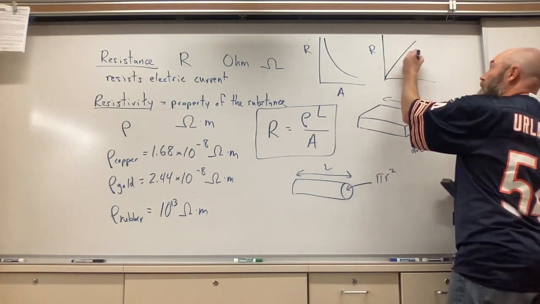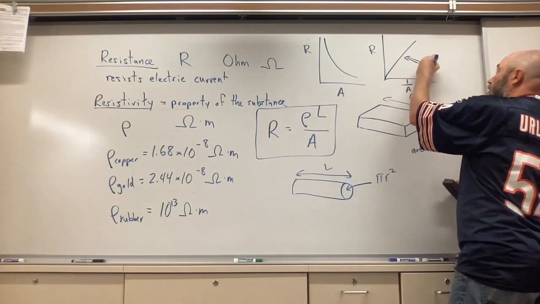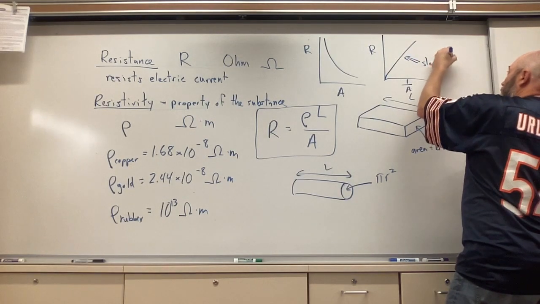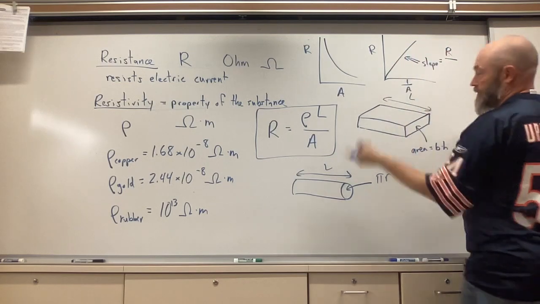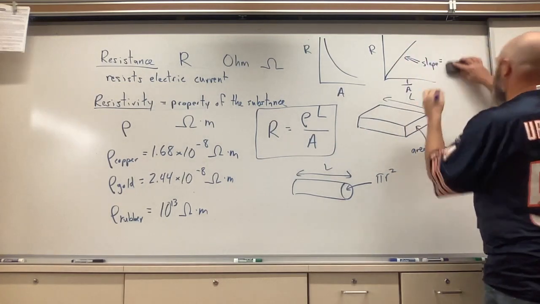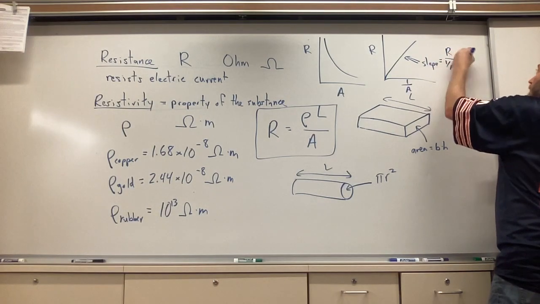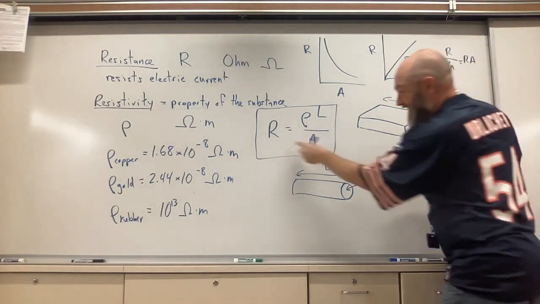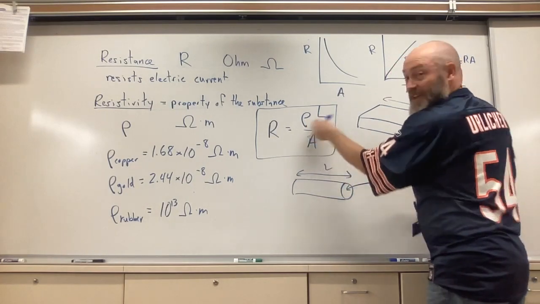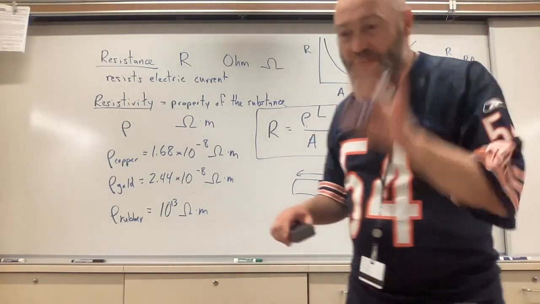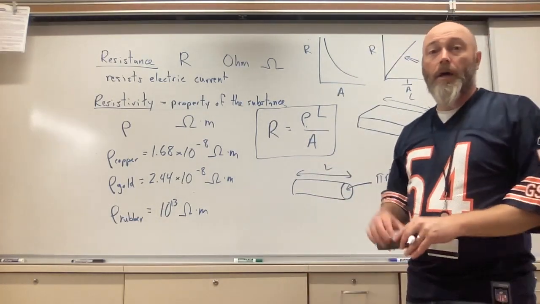And then what would the slope tell me? Well, my slope would be R over 1 over A, which is R times A. Well, if you look, R times A, oh, that would be rho times L. Yeah, you're expected to be able to do that basic stuff, okay?